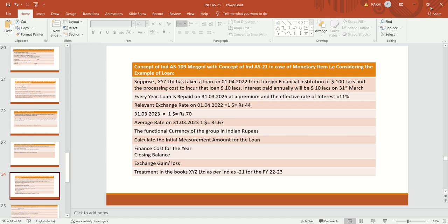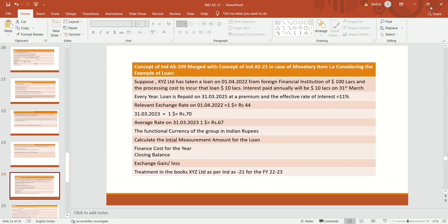The relevant exchange rate on 1st April 2022 will be rupees 44 per dollar, and on 31st March 2023, the closing rate, is rupees 70 per dollar, and the average rate during the year's transactions will be rupees 67 per dollar, and the functional currency is INR.